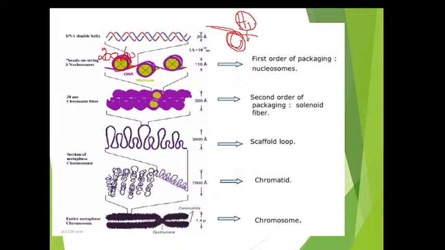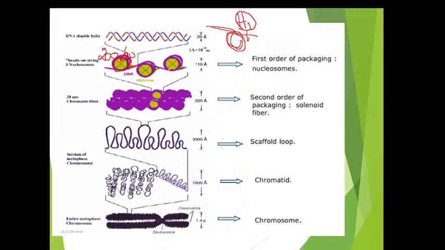The function of H1 is to prevent the uncoiling of the DNA around the octamer. This is known as the nucleosome, and the term chromosome is also applied to this complex structure. So this is also called a chromosome or a nucleosome.